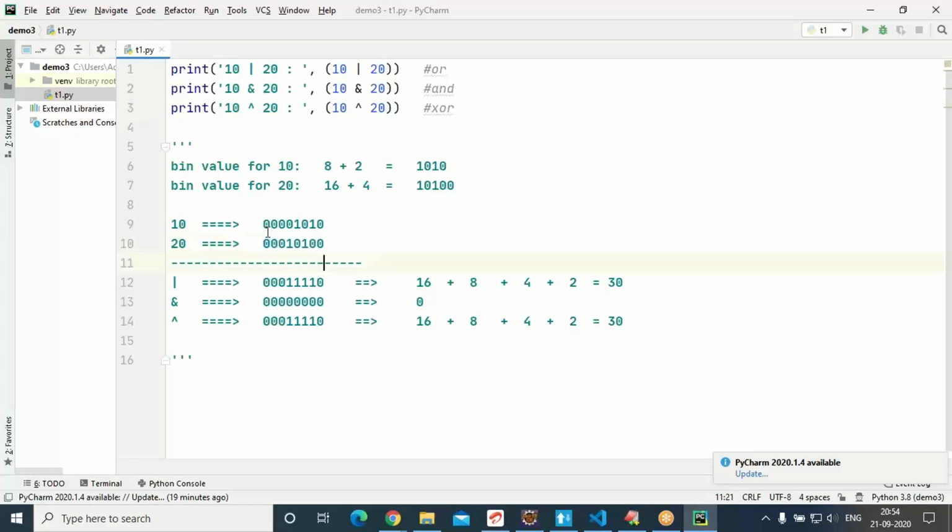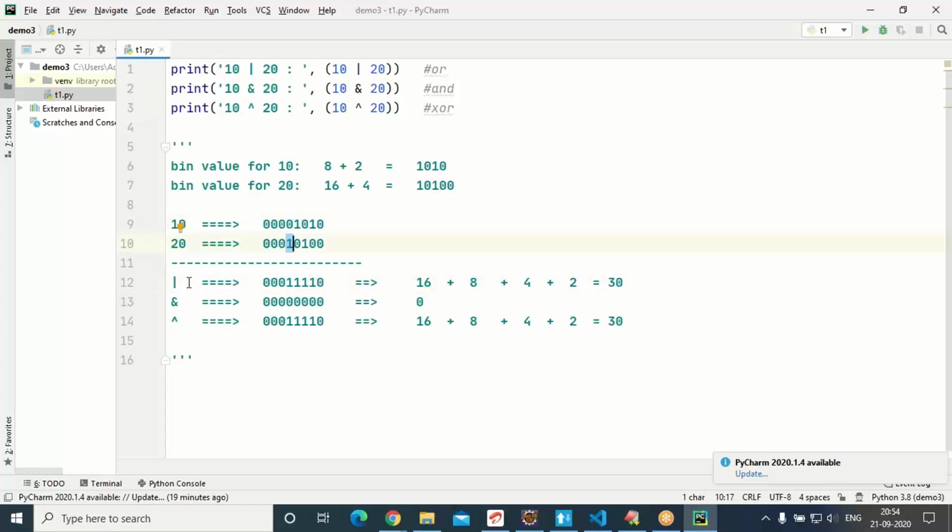Now, if you go for the OR operator, you can see it column-wise. The first column of both is zeros, resulting in 0. The second column of both is zeros, resulting in 0. The third one also zeros, resulting in 0. The fourth one is 0, 1.